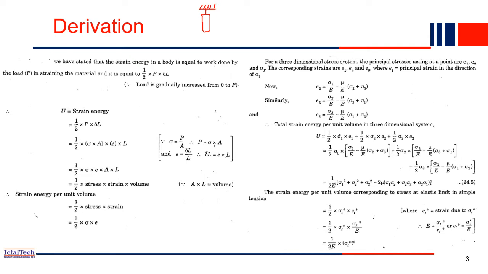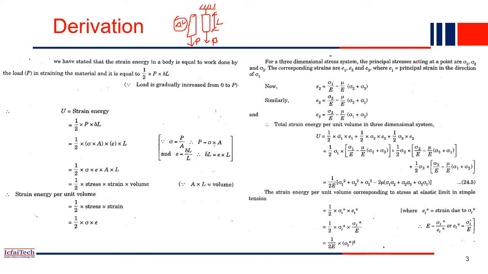Now you start gradually applying a tension force P. The load P is applied gradually. Originally the length of the bar is L. But after application of the load P, the bar has elongated a little bit. You are still applying load P, and the length has increased. The increased length is delta L.